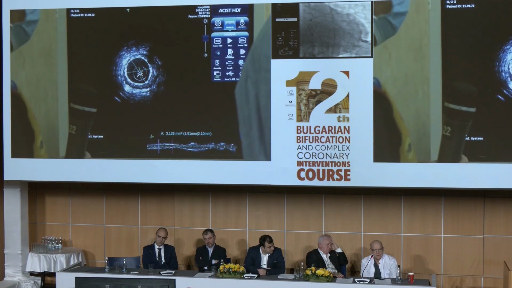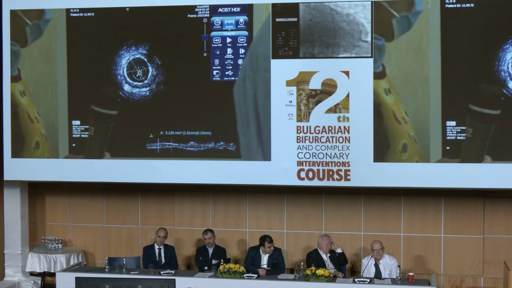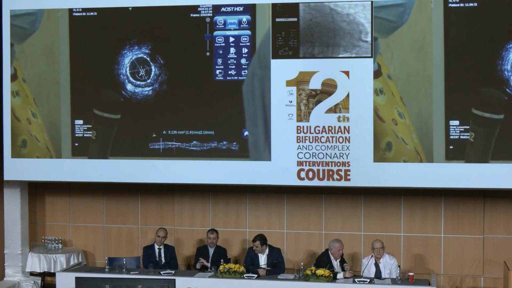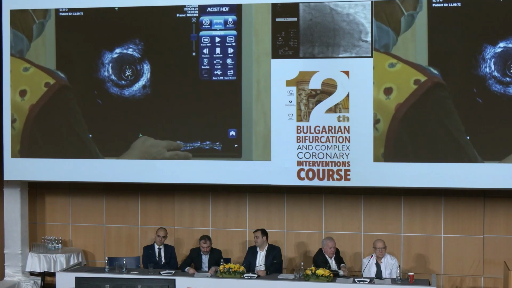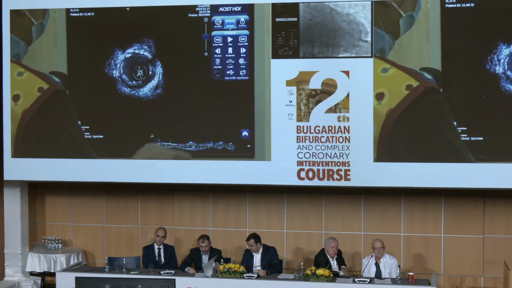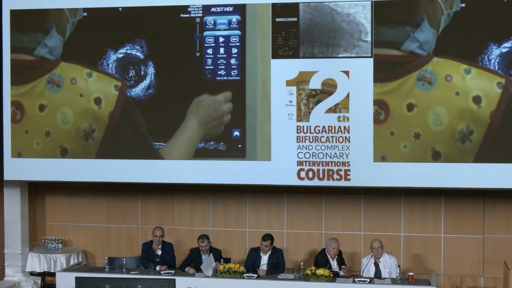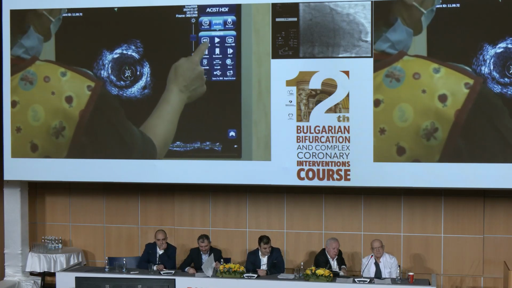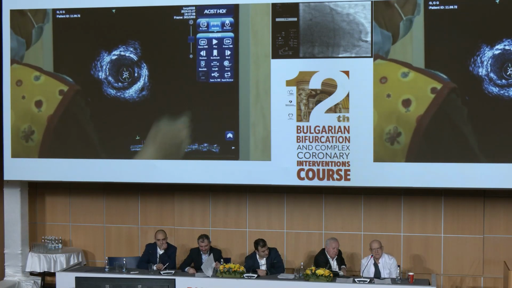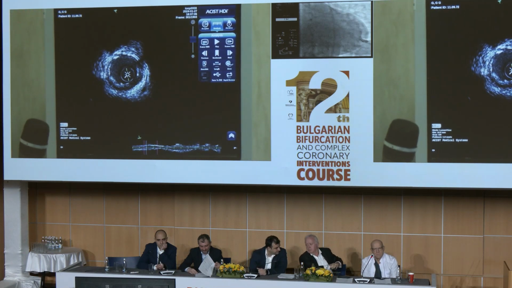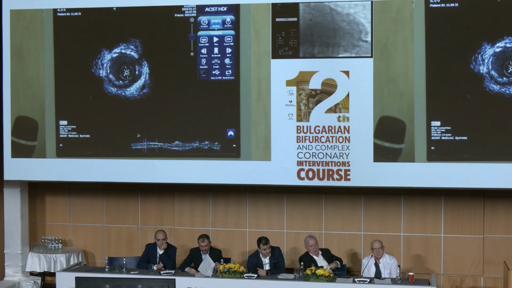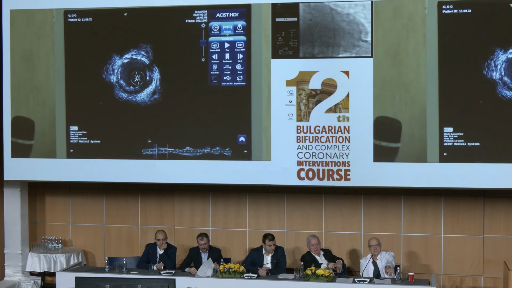313, yes. This is distal. Can I ask for the 2.5 non-compliant balloon? And where is this part with the 3.9? 3.13 is distally, above the distal bifurcation.